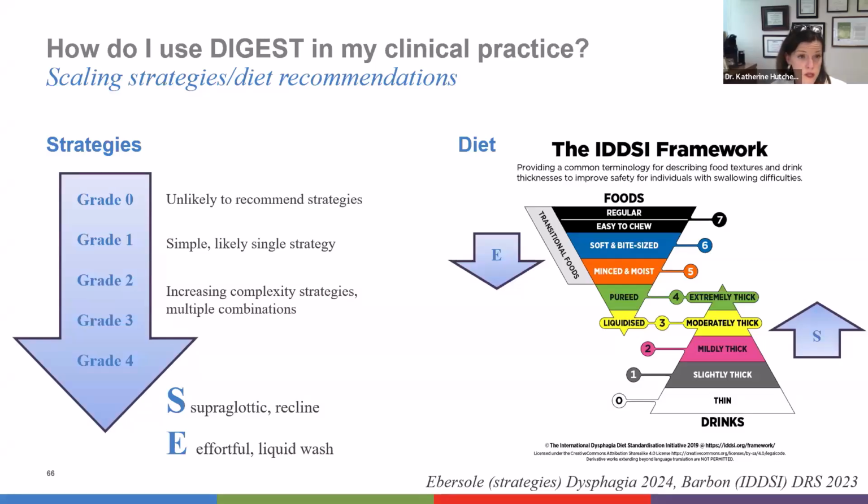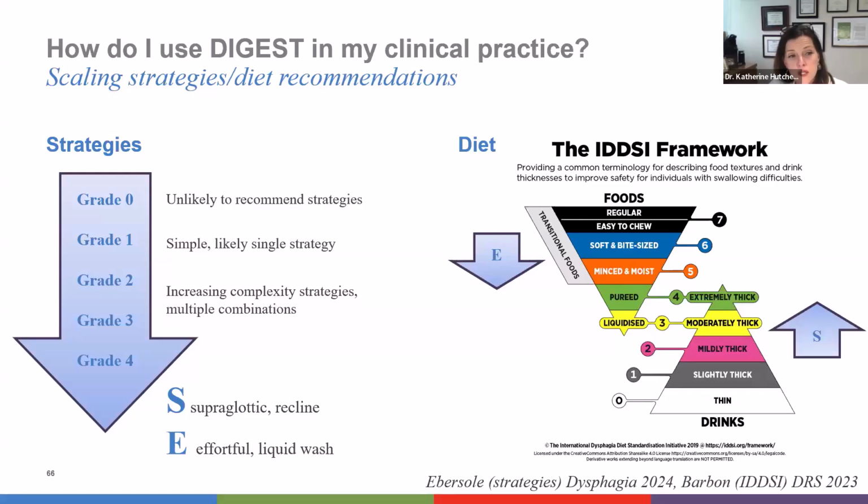There might be exceptions to the rule, but there are certain expectations about the amount of strategies or the diet recommendation you would have with a given Digest grade. So for instance, I would expect that for a patient with a grade 0 Digest, you would be unlikely to recommend strategies targeting pharyngeal phase swallowing, maybe some oral phase strategies. Whereas a patient with a grade 1 result might have a simple, likely single strategy, a little bit more frequently recommended.